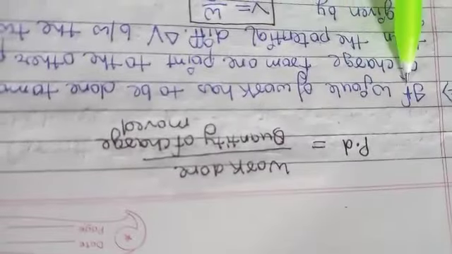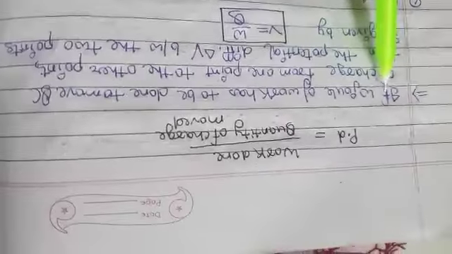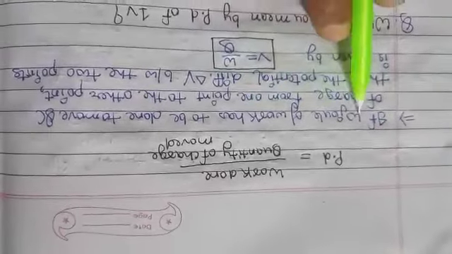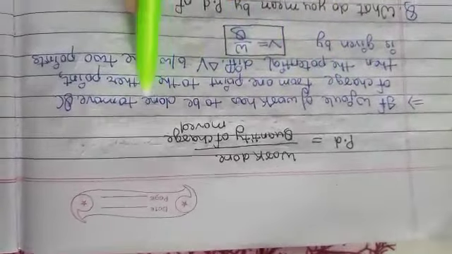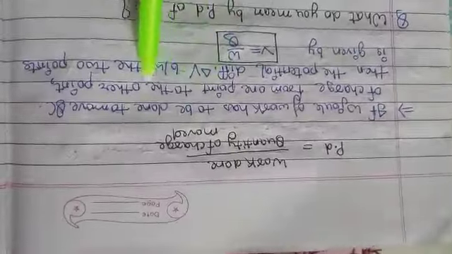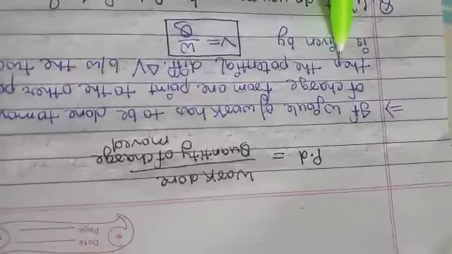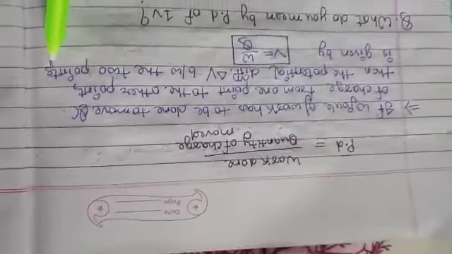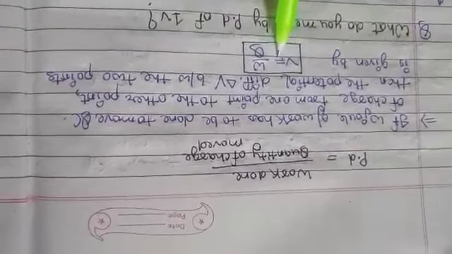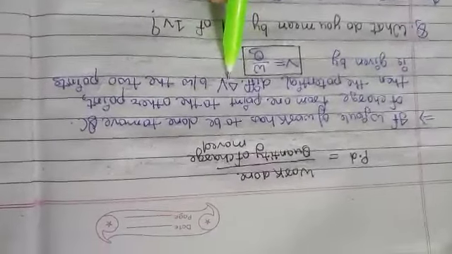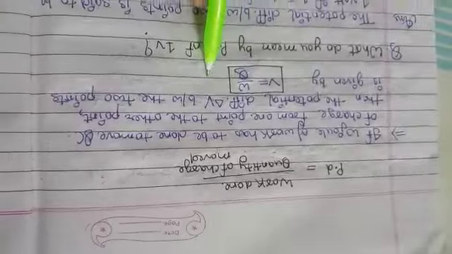If W joule of work has to be done to move Q coulomb of charge from one point to the other point, then the potential difference delta V between the 2 points is given by V is equal to W by Q. Here delta V is the difference between potential at 2 points.